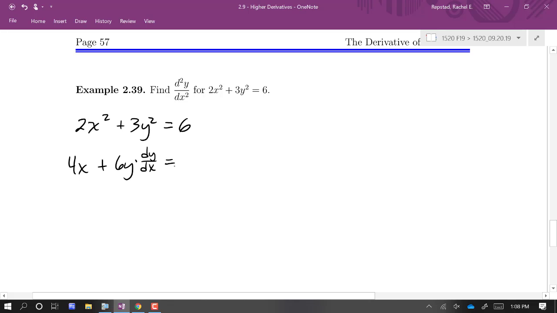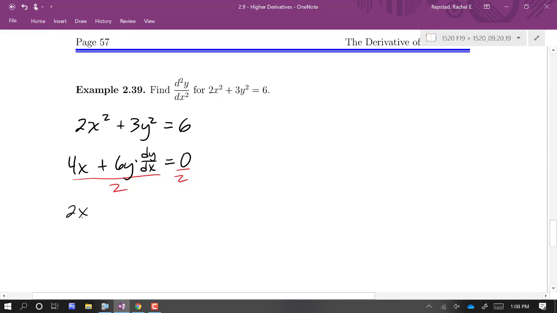Yeah, and y is not x, right? If it were a z term, I'd have to multiply by dz/dx. If it were a w term, I'd have to multiply by dw/dx. So that's the chain rule. I have to multiply by the derivative of the stuff being squared. That's dy/dx.